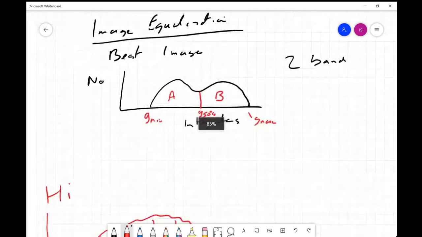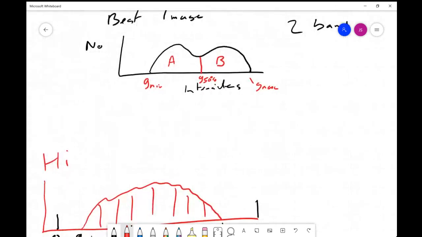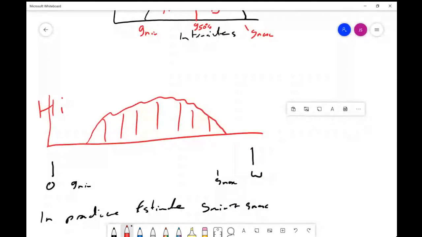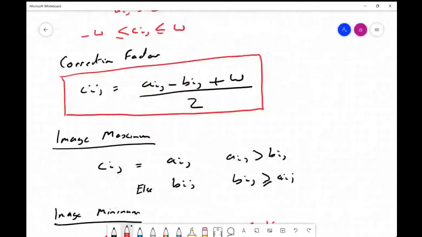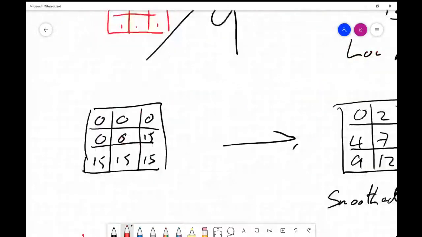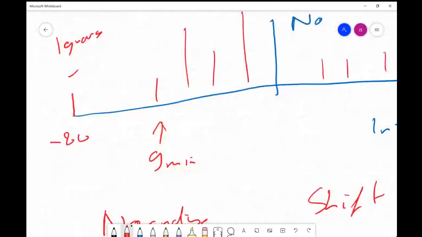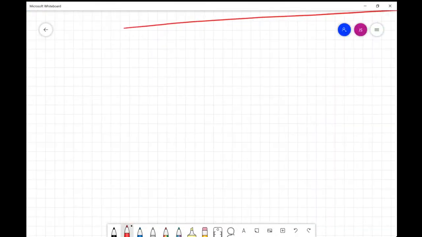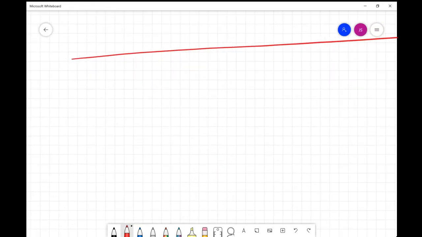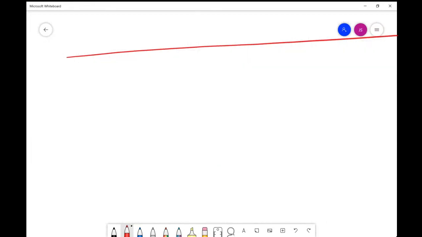And equalization in its simplest form, whoops, what are we doing there? I haven't got to the end of there. Oh, well, that'll be a mess, but never mind. I think that's, yes, that's the end. Started at the wrong place, sorry about that. Right.